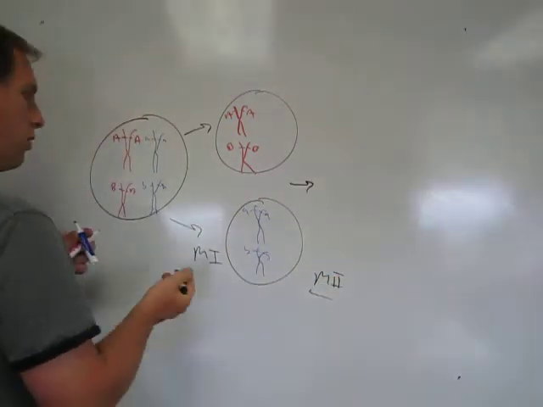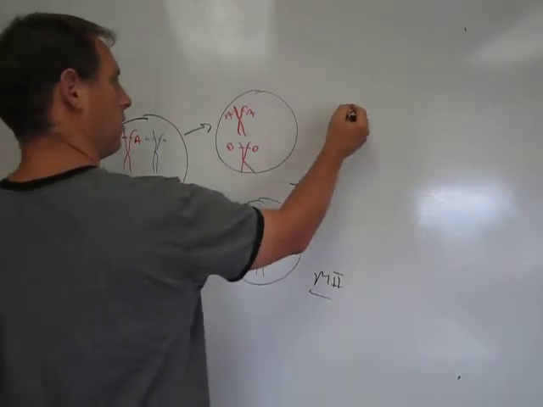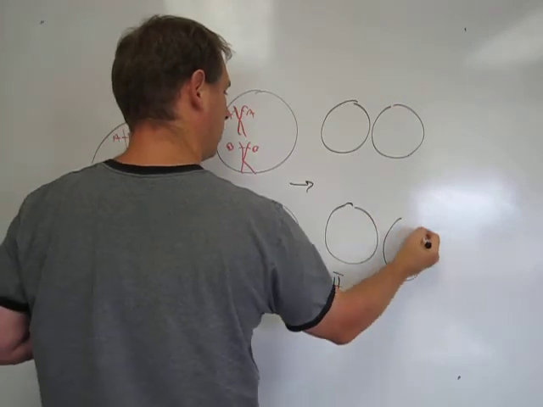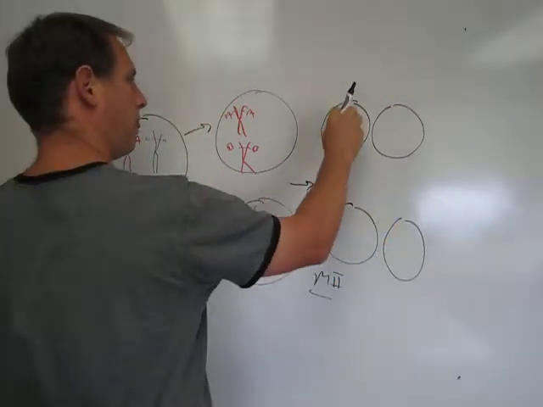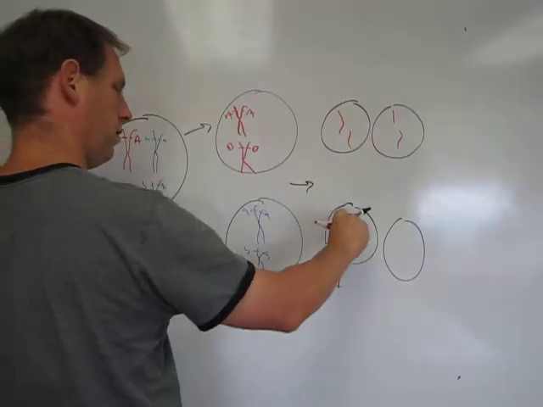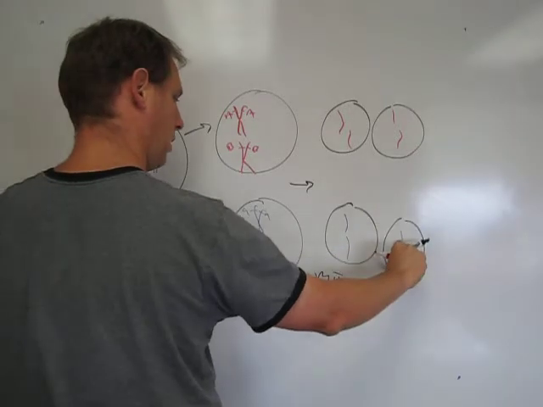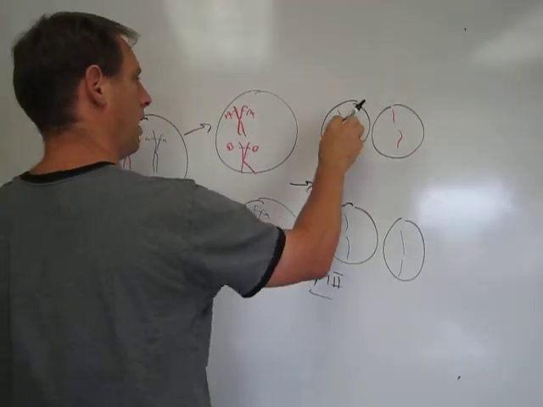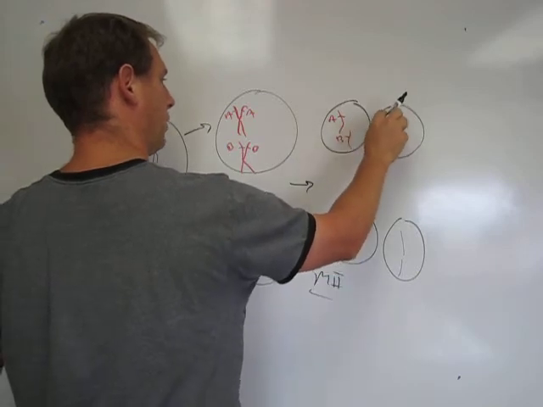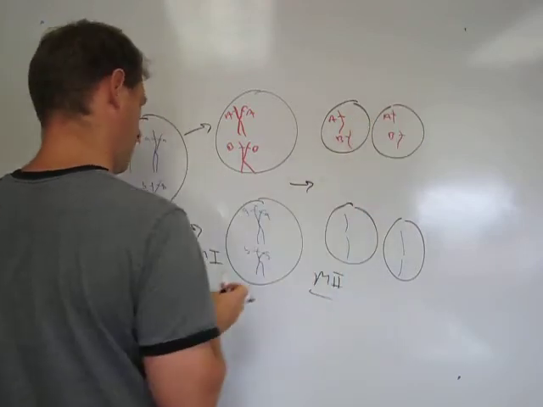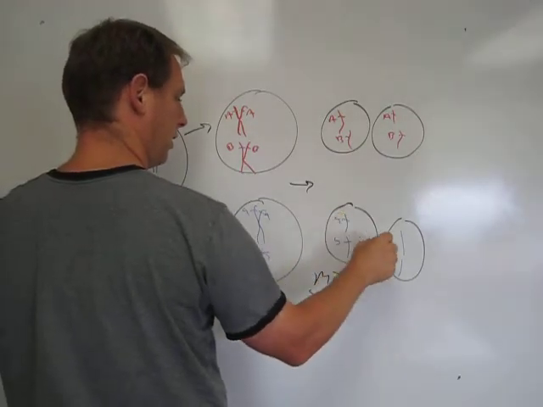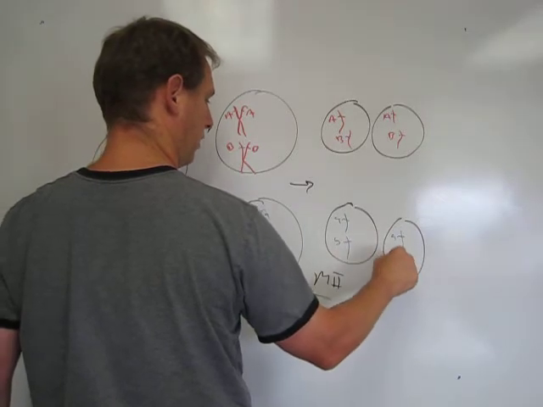You're going to end up in this particular case with 4 gametes as before, with 2 haploid sets that will be identical: big A, big B, big A, big B, and then little a, little b, little a, little b.